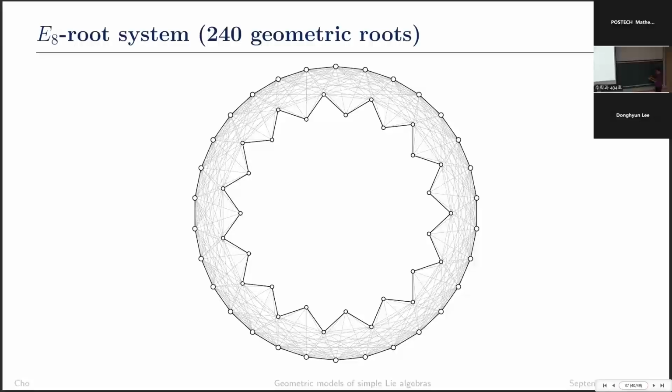Is there an application to mirror symmetry? Yes, because on the Fukaya side, the theory of these vanishing cycles is called the Fukaya-Seidel category, and this Fukaya-Seidel category is mirror to Fano manifolds, Fano varieties.